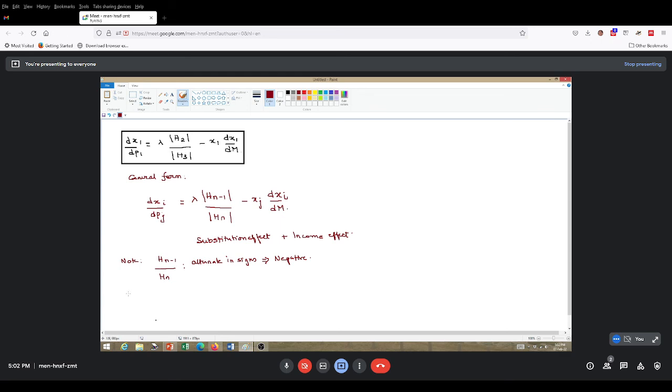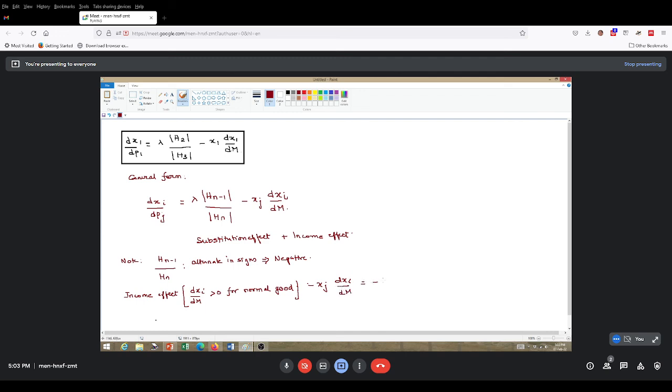And the other point is that if you look at the income effect, for a normal commodity, this is positive for a normal good, but the income effect is equal to xj del xi by del m.